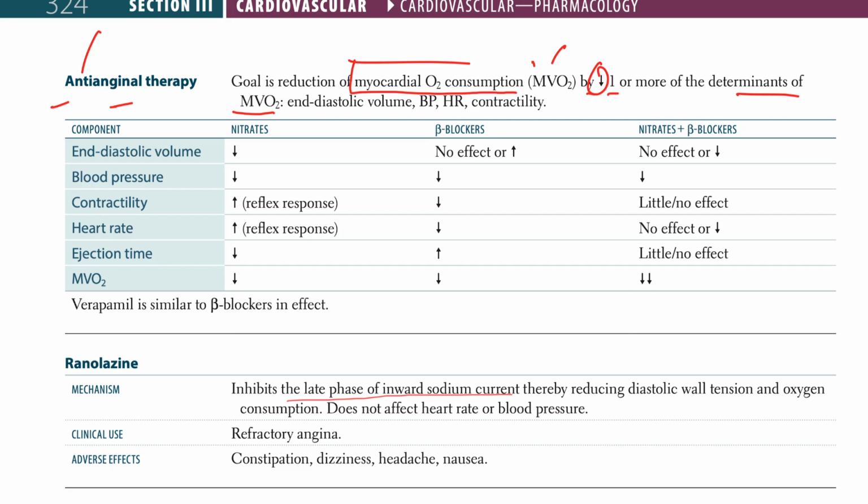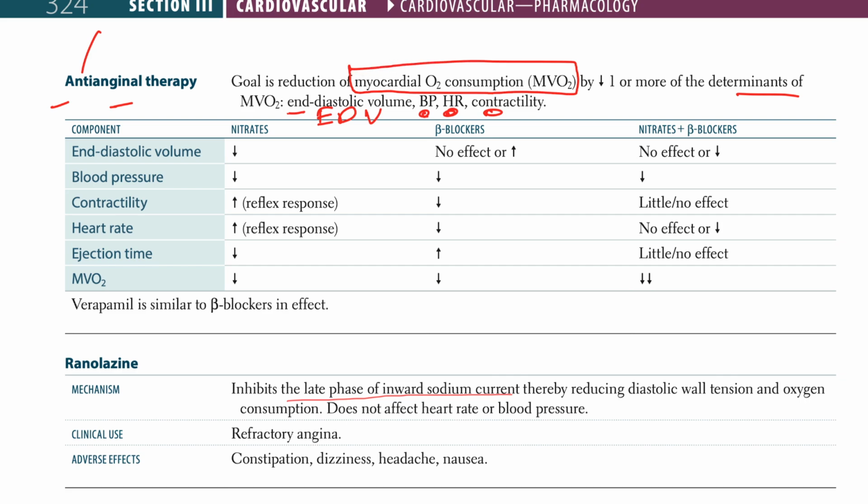That is, you decrease the end diastolic volume, decrease blood pressure, decrease heart rate, or decrease contractility. If you decrease any of these four factors, you're decreasing myocardial O2 consumption.